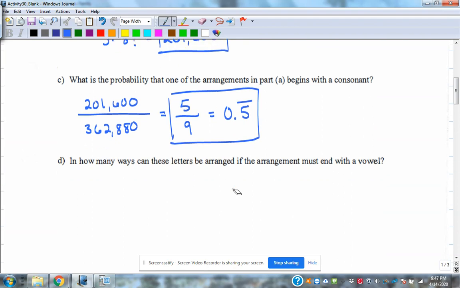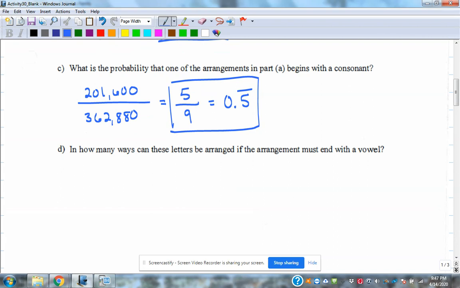Part D asks how many ways these letters can be arranged if the arrangement must end in a vowel. We still have 9 spots, but we're going to end in a vowel this time. In the word bacterium, you have the A, E, I, and U. That's 4 possibilities to end with.